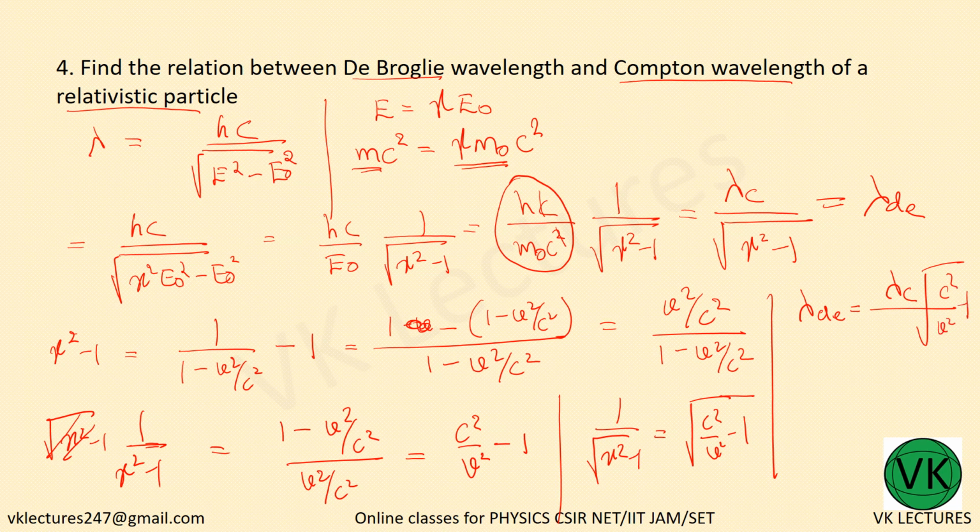So once again we write lambda dB is equal to lambda c into under root c square divided by v square minus 1, or you can write lambda dB divided by lambda c is equal to under root c square by v square minus 1.